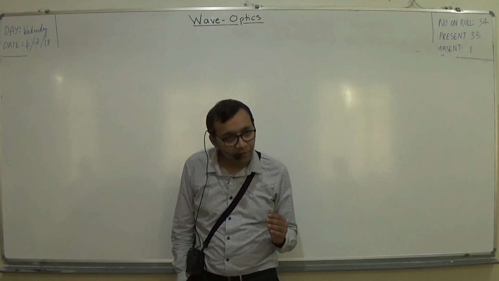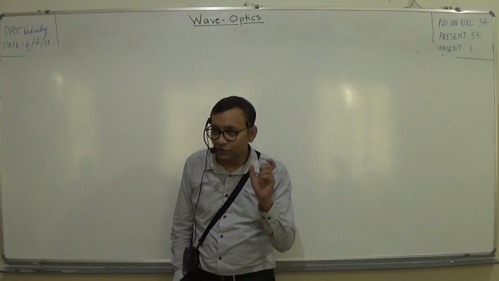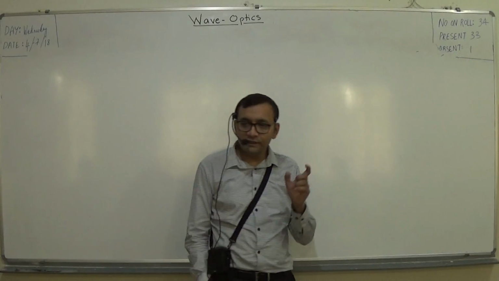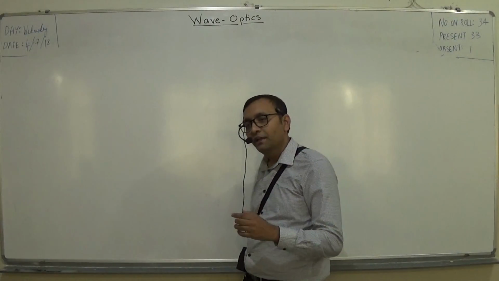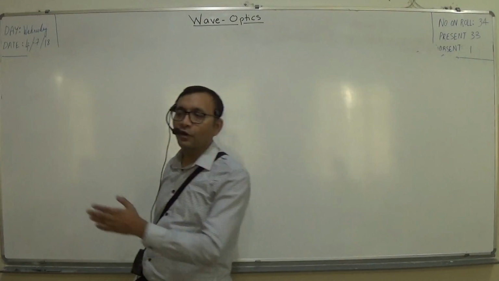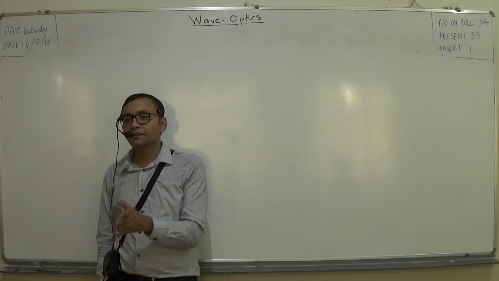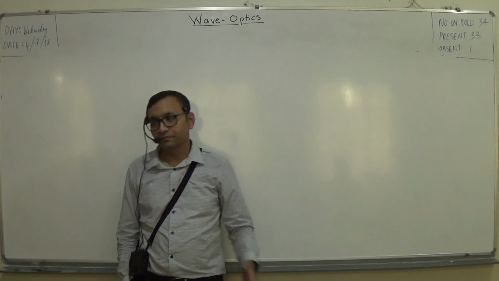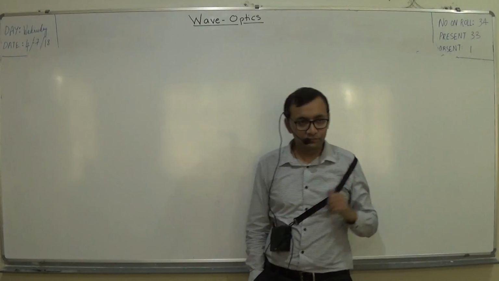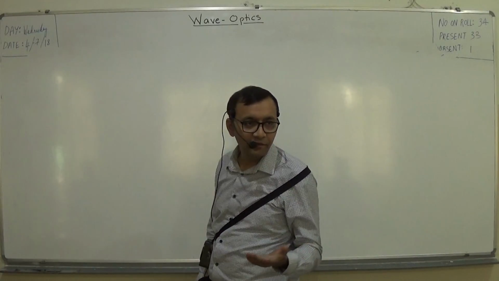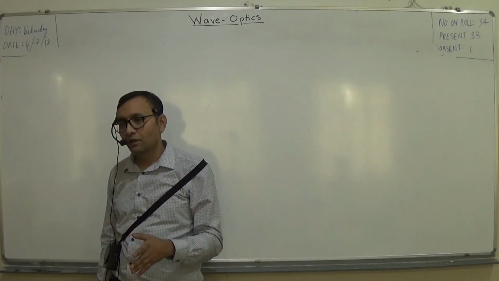Because the name of the chapter when you studied waves was waves only, it was not mechanical waves. So we have not just studied mechanical waves in class 11th. We have studied a few general things which are true for all waves, and then a few specific things which are true for mechanical waves. Are you getting it? So general things still hold good. Like for example, interference that we have learned, reflection we have learned, all that happens for light also.